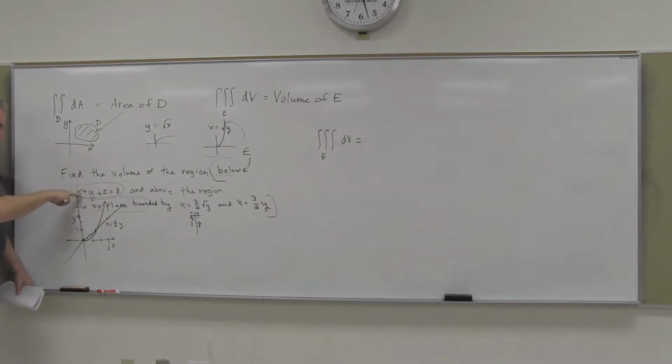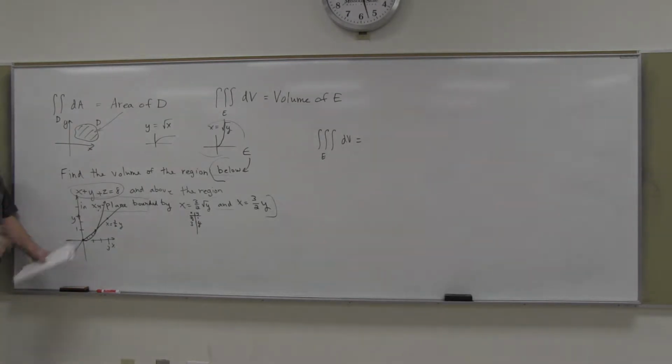What is this right here? x plus y plus z equals 8. It's just a plane, right? It's not any kind of fancy surface. So I want the region below that and above the xy plane. So what I want here is z, well, if you're talking about the xy plane, that z equals 0.